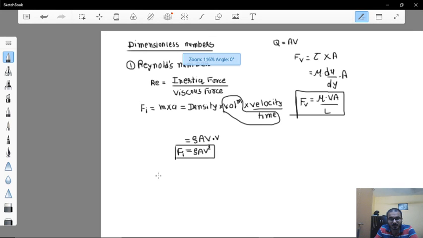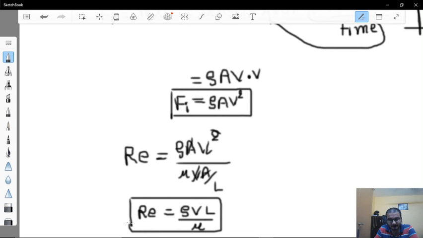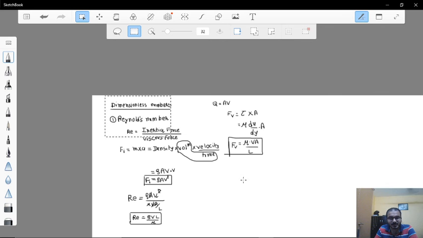So now Re is equal to rho A V square upon mu V A upon L. So V will get cancelled, A will get cancelled, so we are left with rho V L upon mu, that is the value of Re. So that is the Reynolds number.